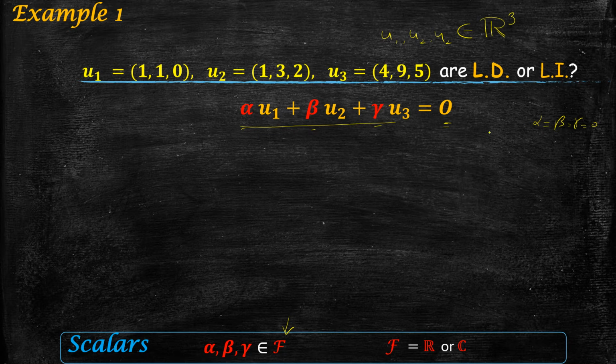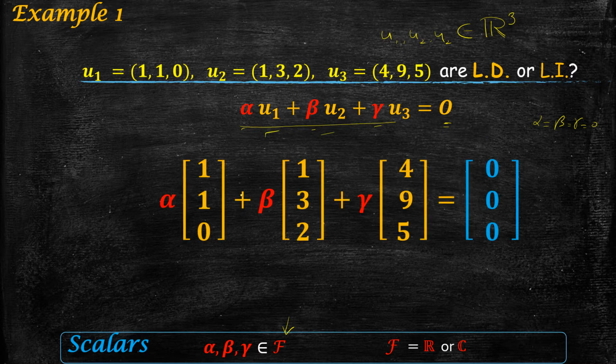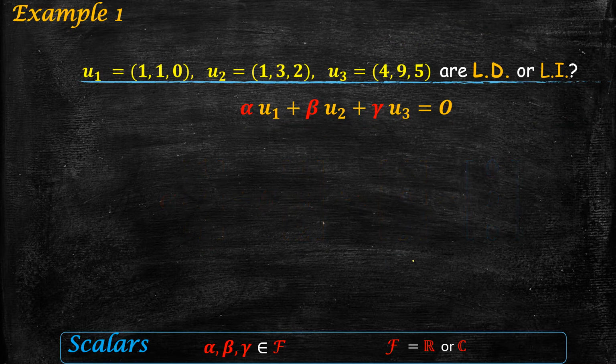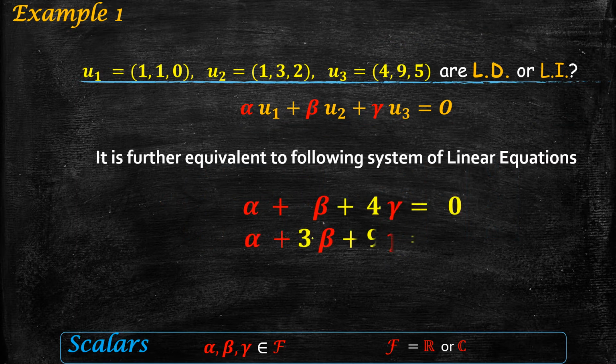So how can we find that alpha, beta, gamma are 0? I will put the values of u1, u2, u3 in this equation. So this equation will become like this. Multiplying the first vector with alpha, the second vector with beta, the third vector with gamma, we have alpha plus beta plus 4 gamma equals 0, alpha plus 3 beta plus 9 gamma equals 0, and 0 alpha plus 2 beta plus 5 gamma equals 0.